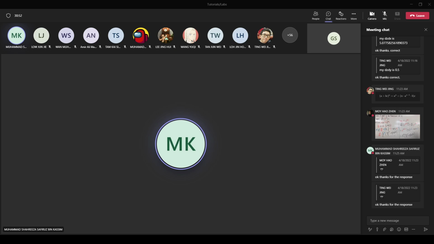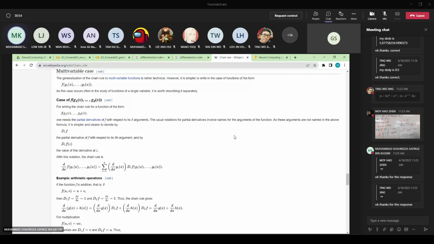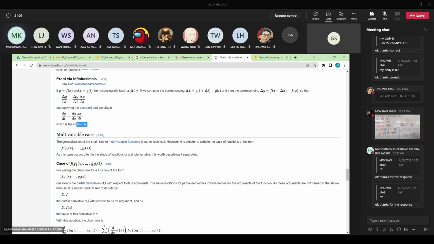So this is the chain rule from Wikipedia. In our case, we want to generalize the chain rule to multivariable functions, right? So we are looking at the chain rule of multivariable cases, in a sense.